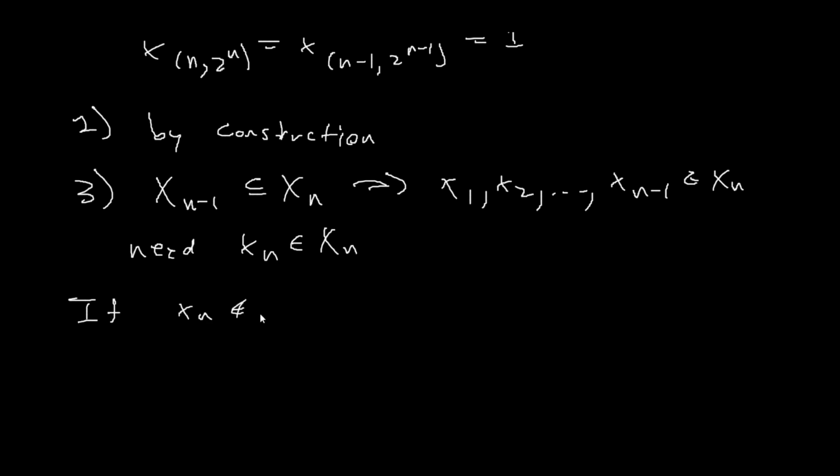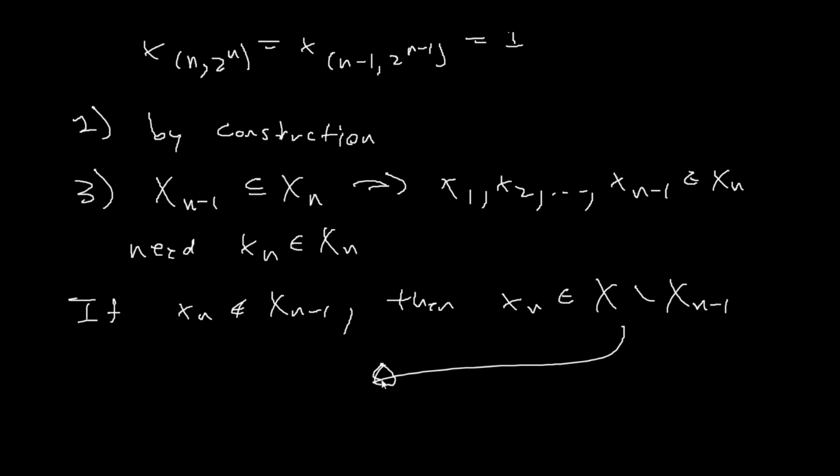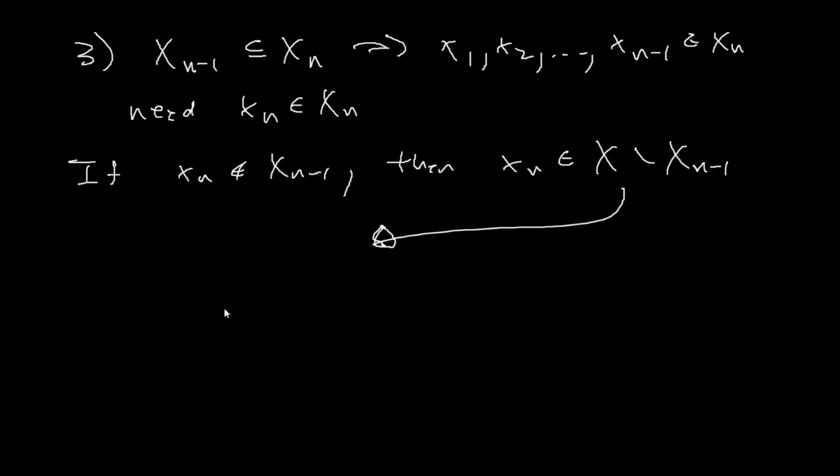Otherwise, if xn is not in Xn minus 1, then little xn has to be within the set X minus Xn minus 1, and that is simply the union of all those intervals that we considered between the elements of Xn minus 1.